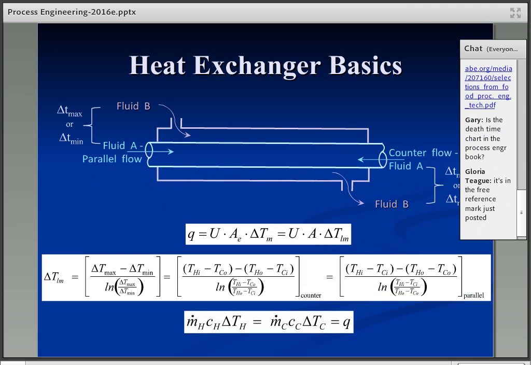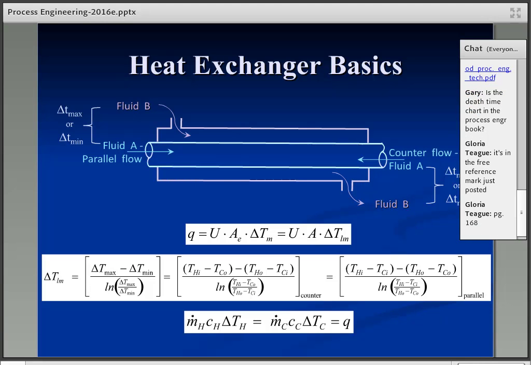Okay, so here's the drawing with the new equations added. The first equation listed up here is the same one we just talked about, and now here's the log mean temperature difference, and I've written three slightly different approaches to calculating it, or almost the same.